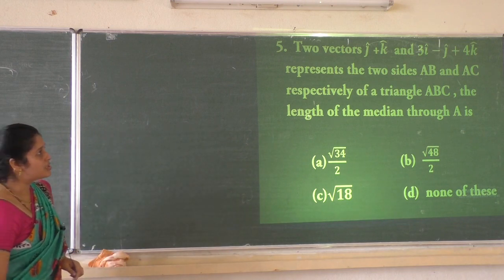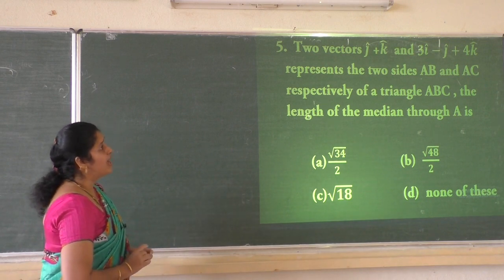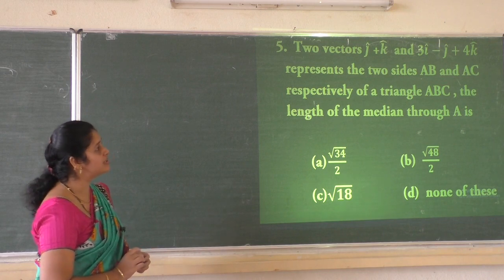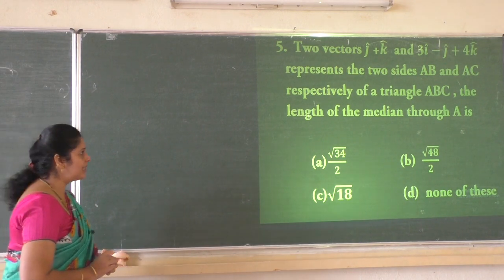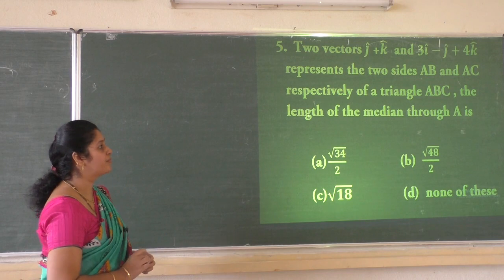The two vectors j plus k and 3i minus j plus 4k represent two sides AB and AC respectively of a triangle ABC, then the length of the median through A is?